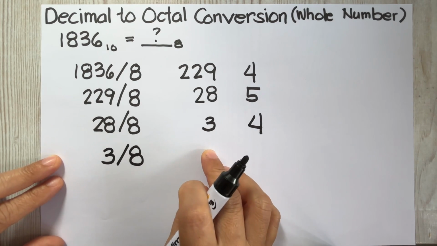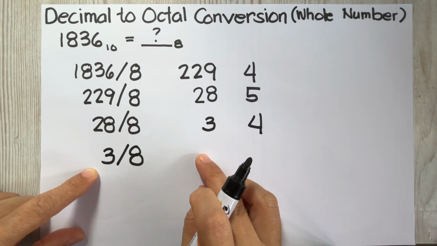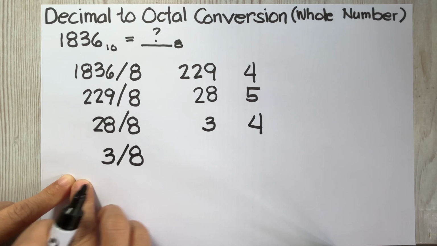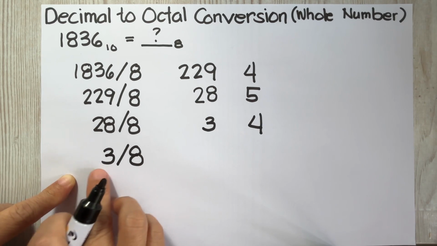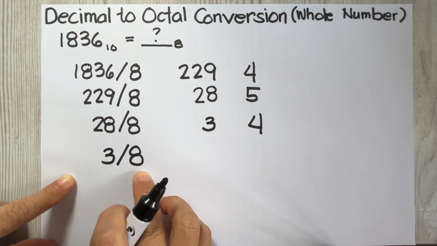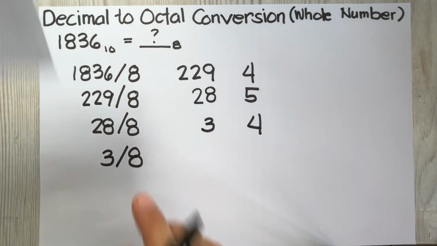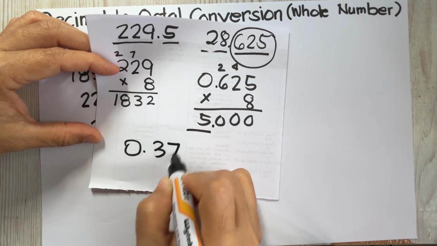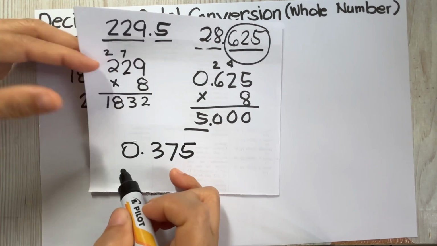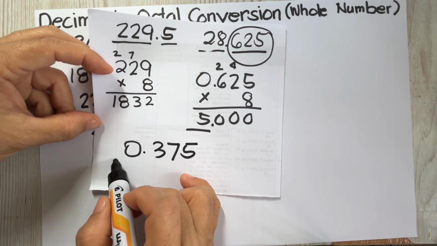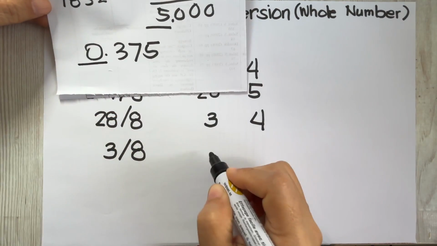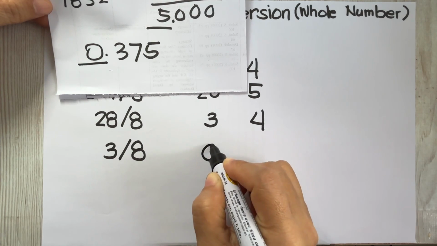Then we'll list the integral part and the fractional part. The quotient of 3 divided by 8 is less than 1. It is 0.375. I want to emphasize the 0.375, because we are after the integral part for the second column. The integral part here is 0, so we are going to take out 0 here.